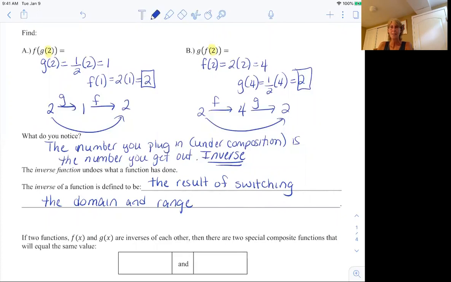Okay, and in our case, we remember domain is really our x's and range is our y's. So it's all about switching x and y here.